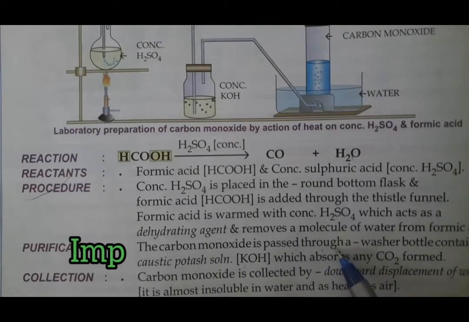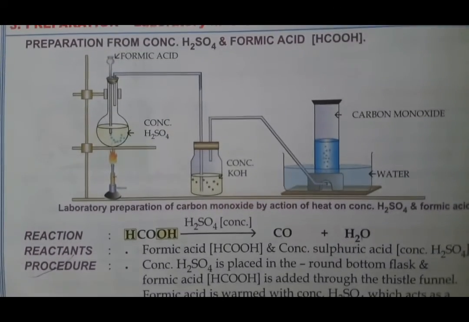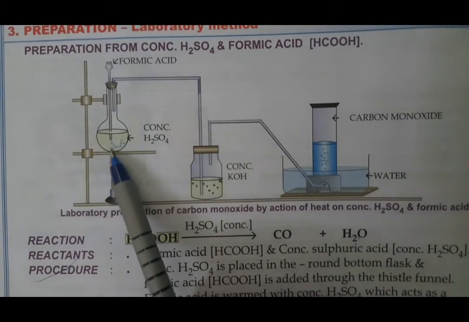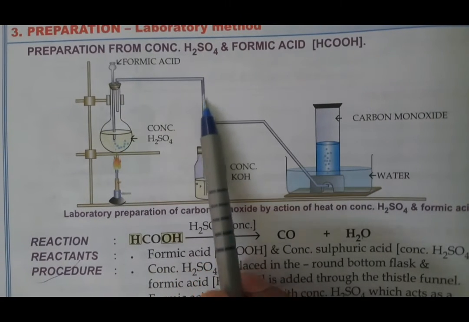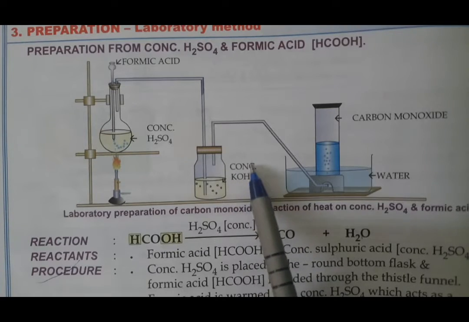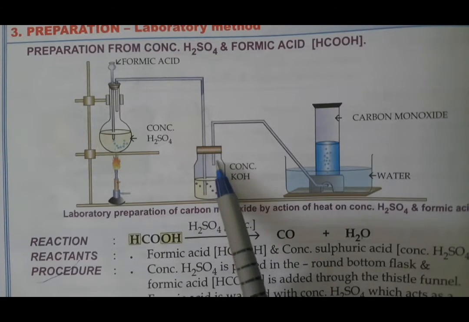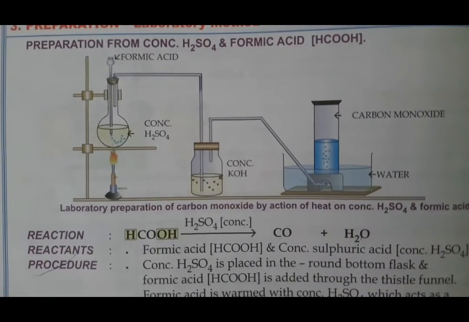Carbon monoxide is passed through the delivery tube, and the job of this one is to absorb any carbon dioxide formed. Sometimes a small amount of carbon dioxide may form here, students. So carbon monoxide and carbon dioxide both go out here, but the job of this is to absorb carbon dioxide, and from here only carbon monoxide goes, and it is collected out here, students.